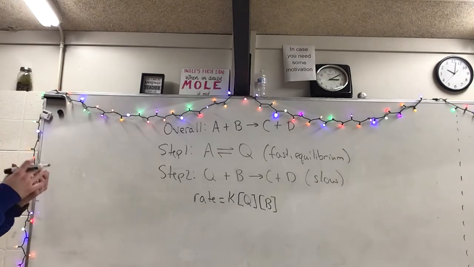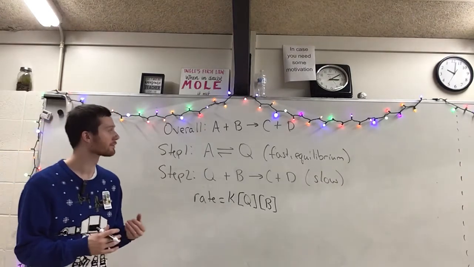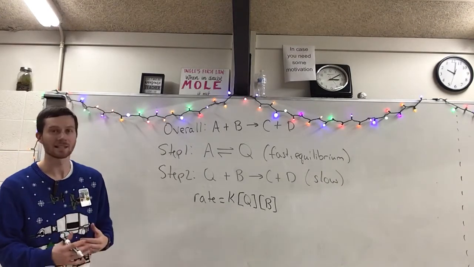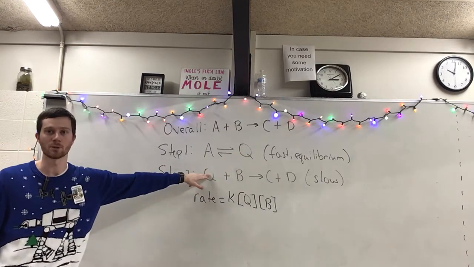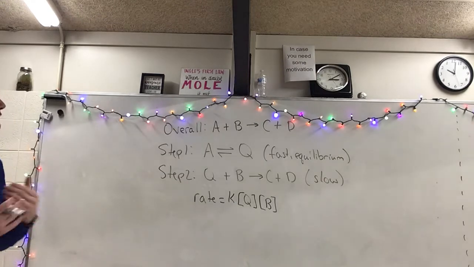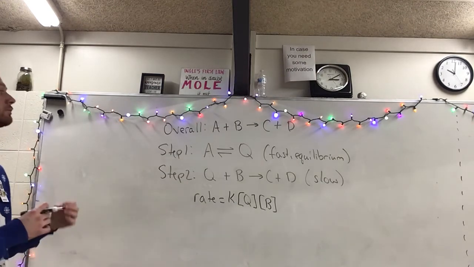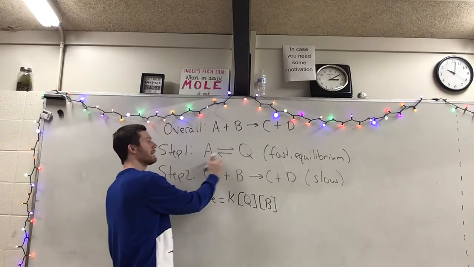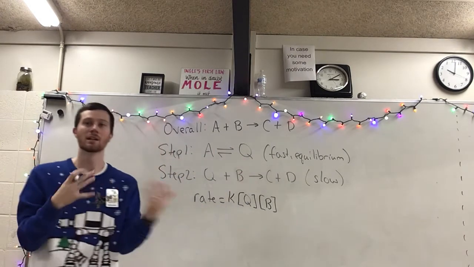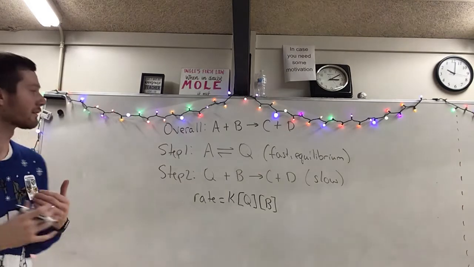But since Q is an intermediate in this reaction mechanism, and you can see it's an intermediate because it's formed in step 1, but then consumed in step 2, we can't leave it in the rate law. But luckily, since step 1 has A being at equilibrium with Q, they're interchangeable within that rate law.